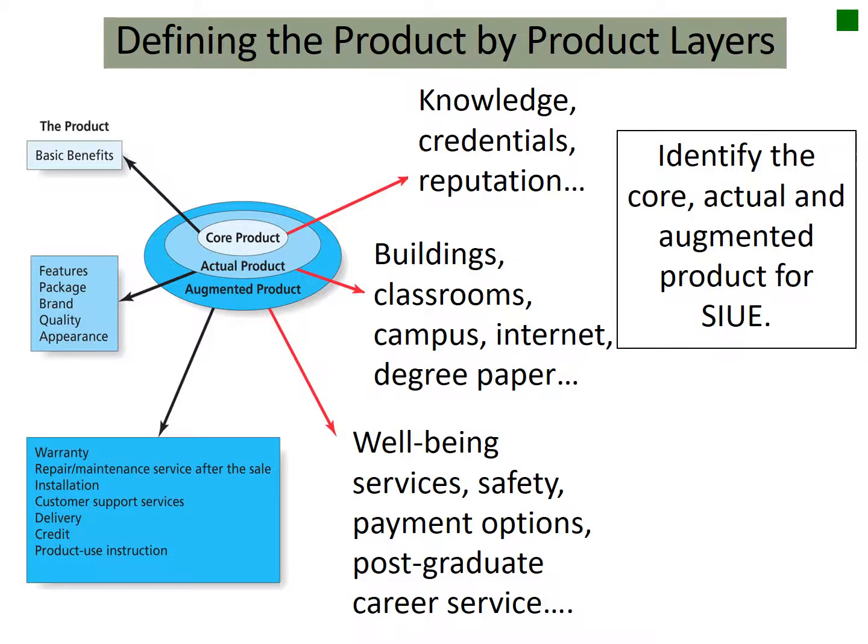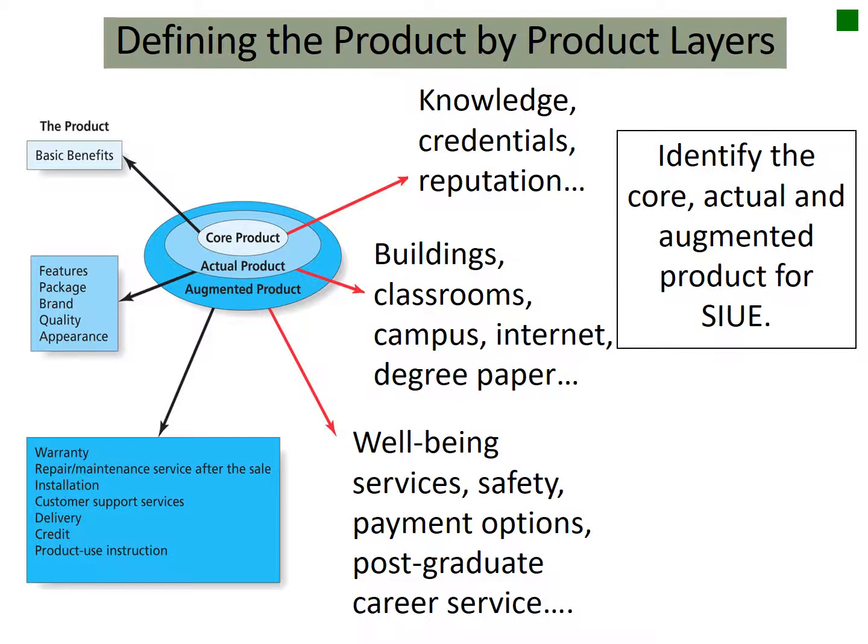Okay, so again, this is an illustration of this idea of product layering and how we can compete with our competitors. We can differentiate ourselves from our competitors on the actual level and the augmented level, but probably not on the core level. The core level is base, and it's the basic element that we share with our key competitors.